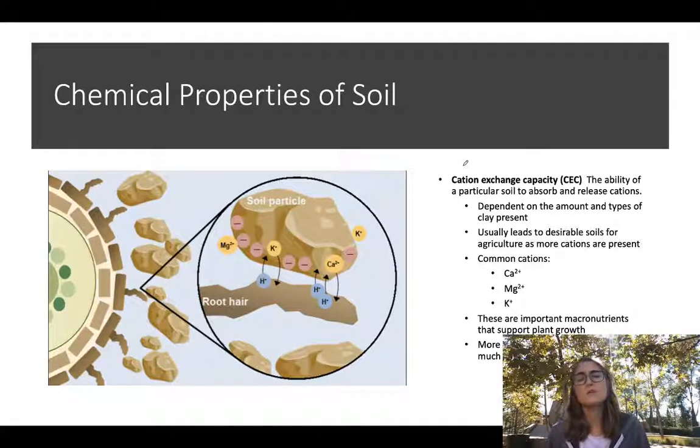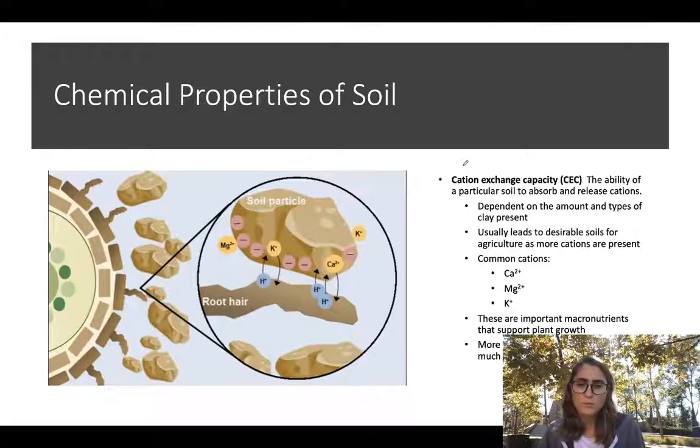And this is going to be dependent on the amount of clay that is represented in your soil profile. Usually when we have that perfect concentration of clay, that 20% clay, that's going to be the most ideal for us because it gives us a high cation exchange capacity, but it's not too high to the point where we have issues with drainage in our agricultural setting.